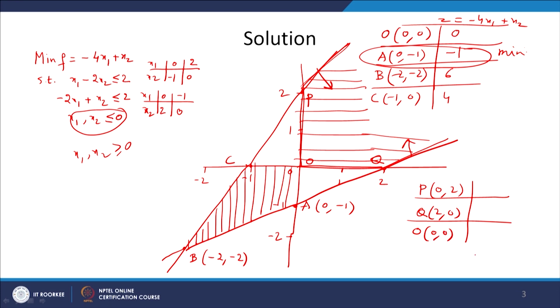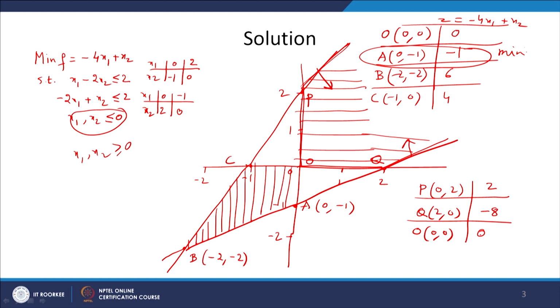So, in this case the objective function value is as follows: for 0 comma 2 it is 2, and for 2 comma 0 it is minus 8, and at the origin it is 0.